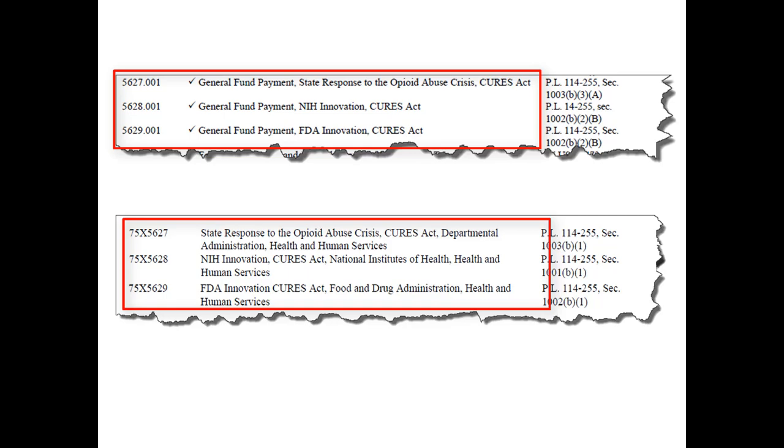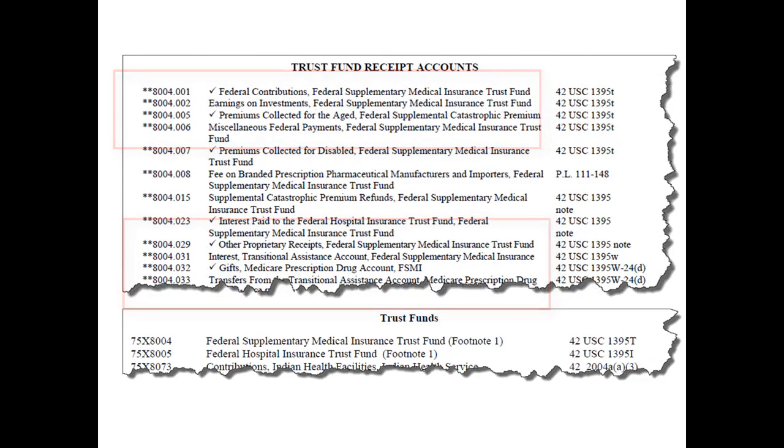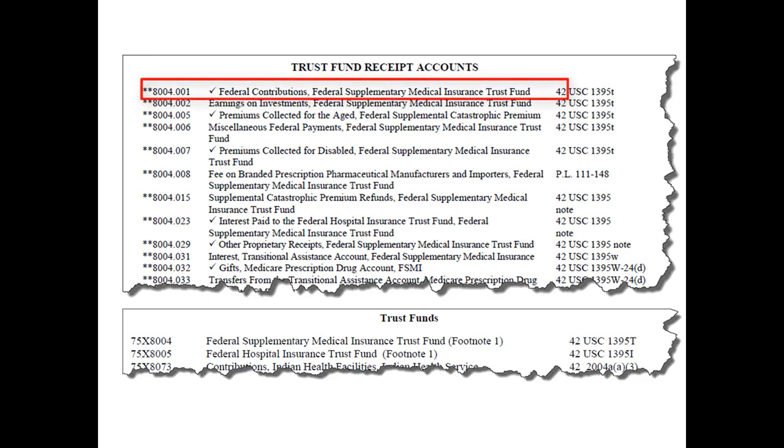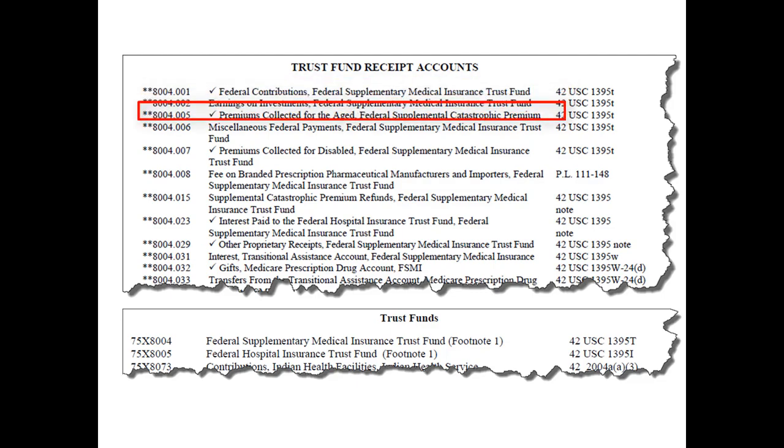Let's take a look at a sample of trust fund receipt accounts. Here, we see a sample of the Federal Supplementary Medical Insurance, or Part B Medicare, trust fund receipt accounts. As you can see, there are many. For example, here is the receipt account for the federal contribution to Part B, and here is the receipt account for the premiums paid by beneficiaries.